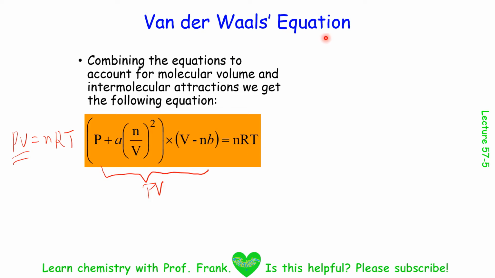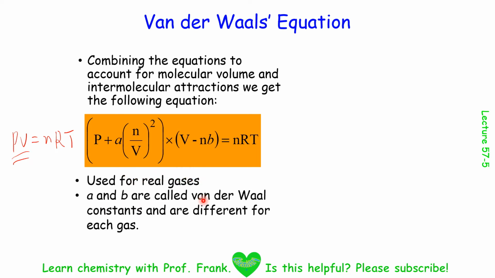So the van der Waals equation is changed from PV equals nRT to P plus a times n over V, squared, times V minus nb, equals nRT. And this van der Waals equation is used for real gases. Again, a and b are called the van der Waals constants, and they are different for each gas.